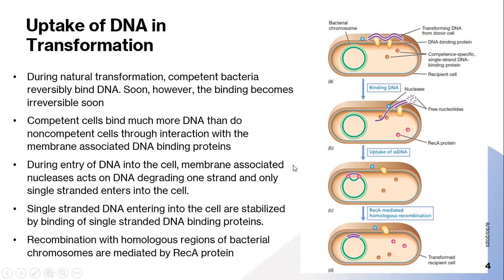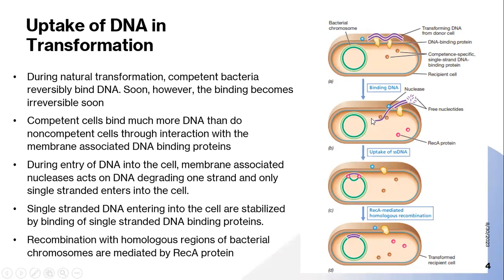This slide talks about the mechanism of DNA uptake during transformation. So during natural transformation, competent bacteria first bind to the DNA reversibly, and after a while, the binding becomes completely irreversible. During entry of the DNA into the cell membrane, the membrane-associated nucleases will act on the double-stranded DNA and will start degrading one of the strands, such that only single-stranded DNA is able to enter inside the bacterial cell.